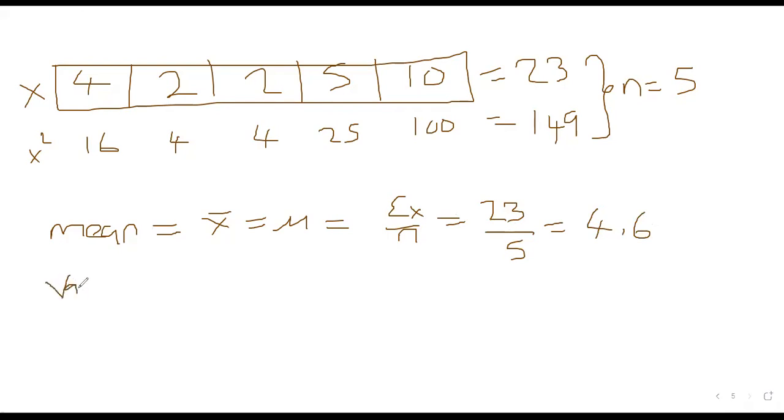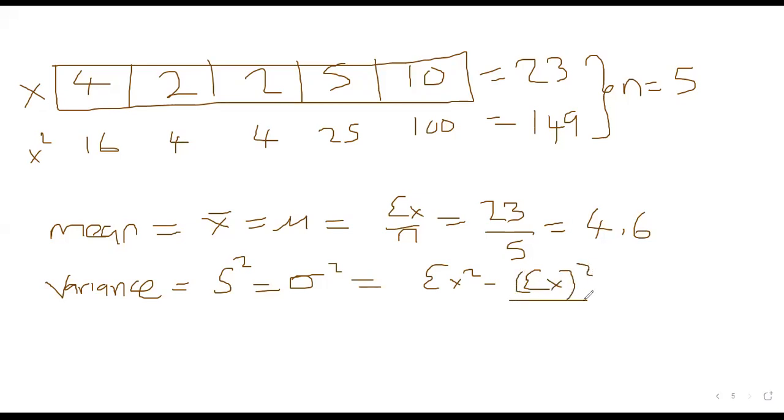Then we have the variance, which has the symbol s squared for a sample and sigma squared for a population. The formula for sample variance is summation of x squared minus summation of x to the power 2 over n, everything over n minus 1.